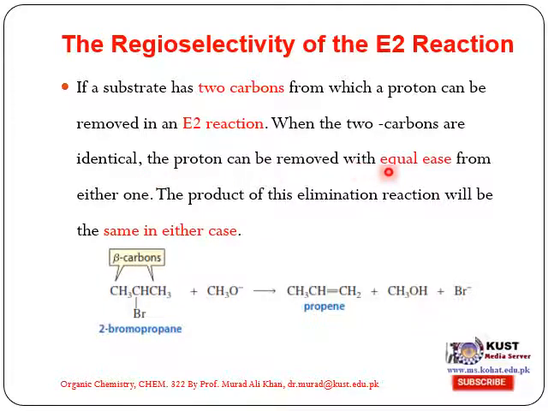The proton can be removed with equal ease from either one, and the product of this elimination reaction will be the same in either case. Here, if the proton is removed from this one or this one, we will get propene in either case. So there will be no effect on the regioselectivity, the resultant product.